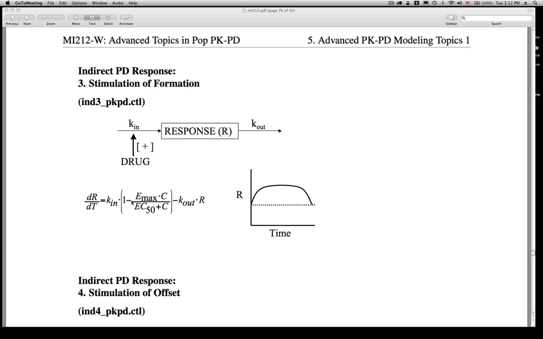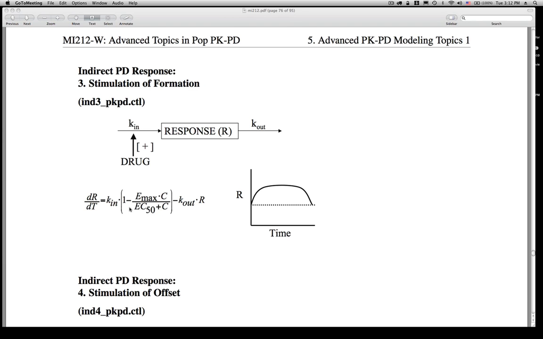The next is a stimulatory indirect PD response model where drug is stimulating K in, or stimulating the zero order formation of response. And I just noticed here we've got a typo in the translation when we moved over. This relationship here is a change in response over time where K in is multiplied by a stimulatory Emax model.